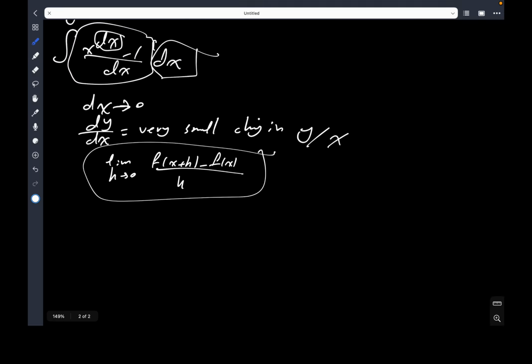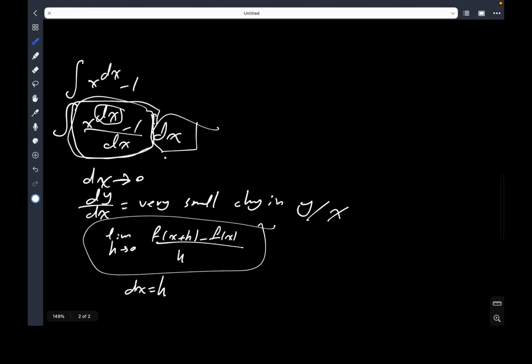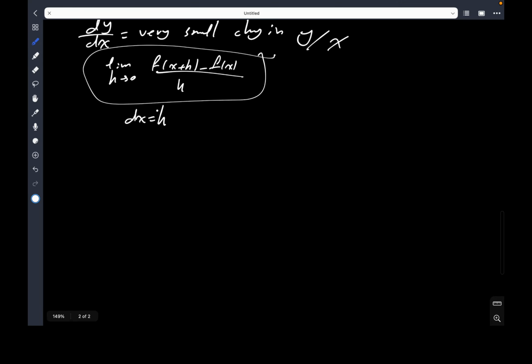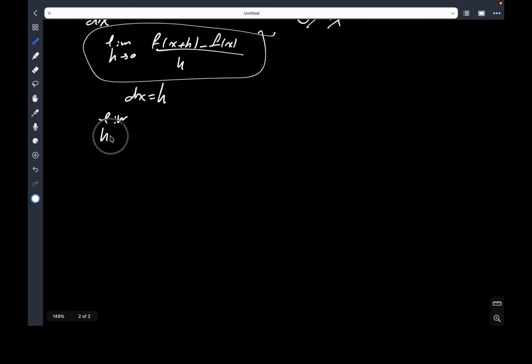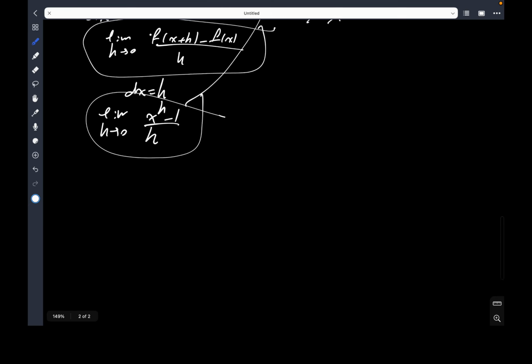And also here, we have to treat dx as h, and treat this as a limit of h as it approaches 0 of x to the h minus 1 over h, and we have to solve this limit and plug it back in.